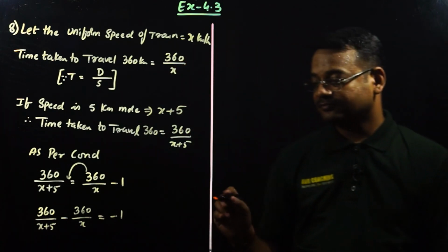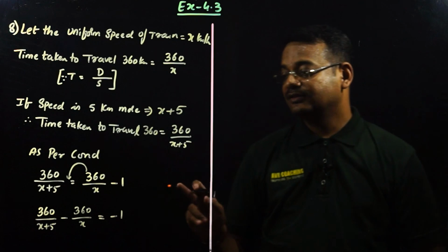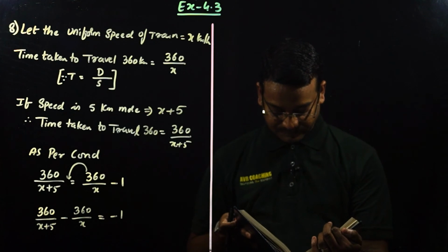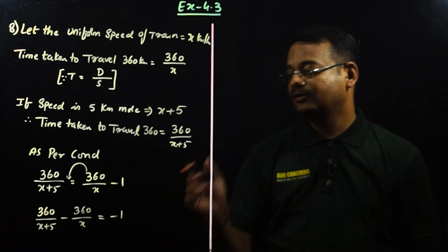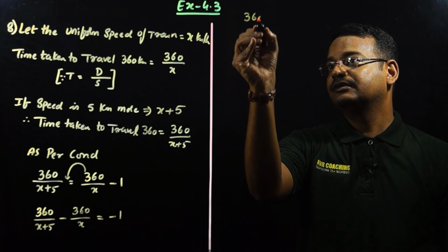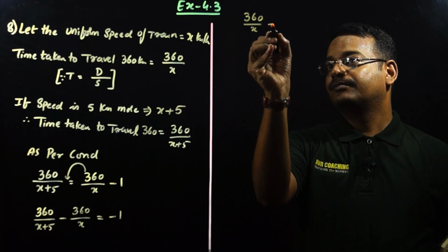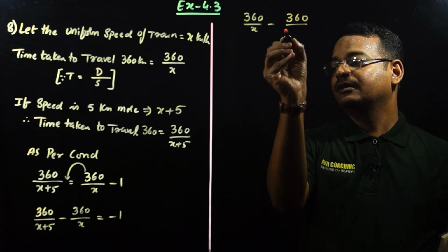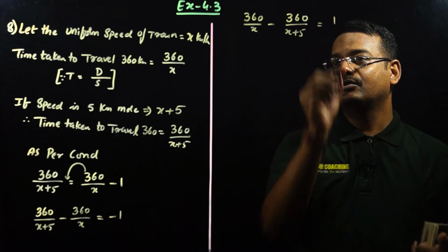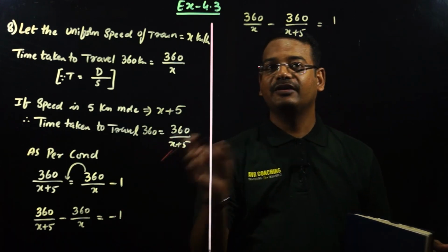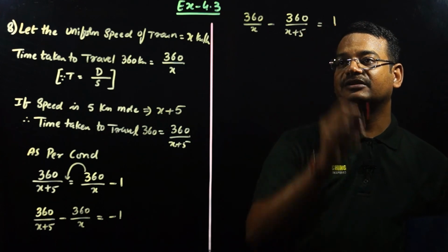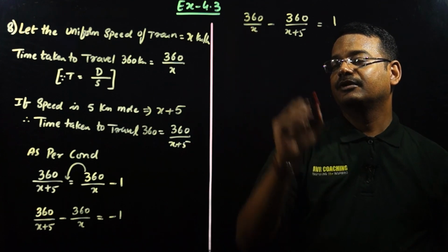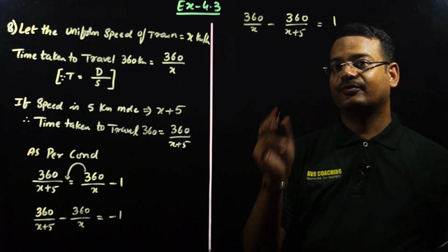Okay, so we can write it as 360 by x minus 360 by x plus 5 is equal to 1. You can directly solve from here also, but if the right hand side is a positive number, that will become easier for our multiplication. So this is 360 by x minus 360 by x plus 5 equal to 1.